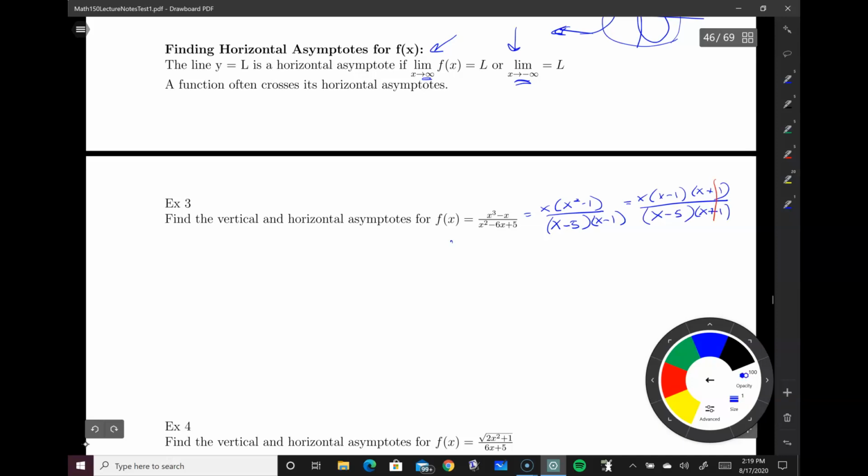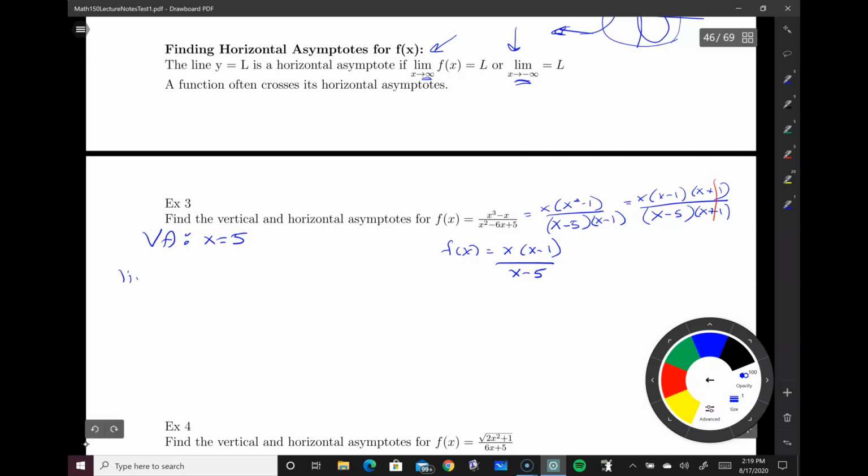So what I'm left with is this function is x times (x minus 1) over x minus 5. Okay, so there's a hole there, right, at x equals negative 1. So I'm not going to look at that. I'm just going to look to see what's left over. So I can see there's going to be a vertical asymptote at x equals 5 because that makes the denominator 0 but not the numerator.